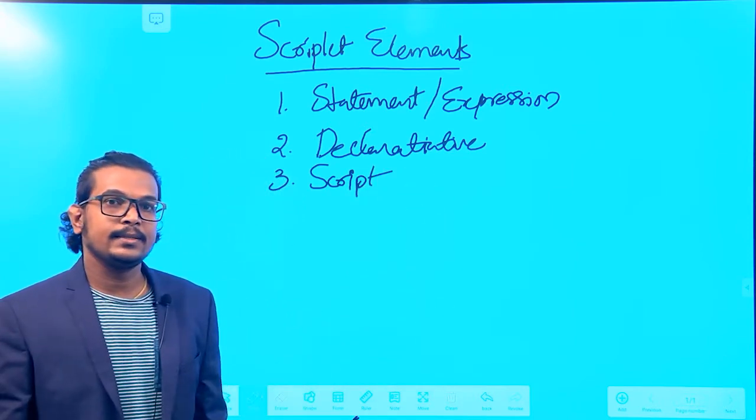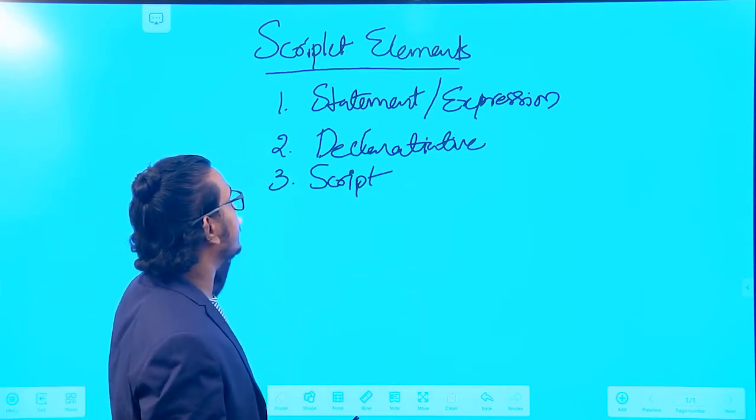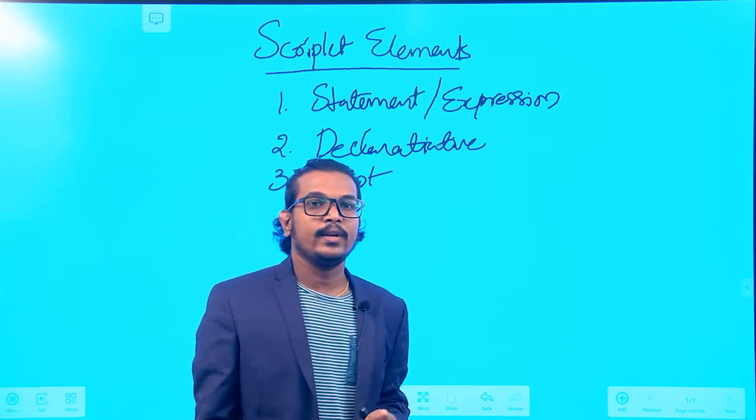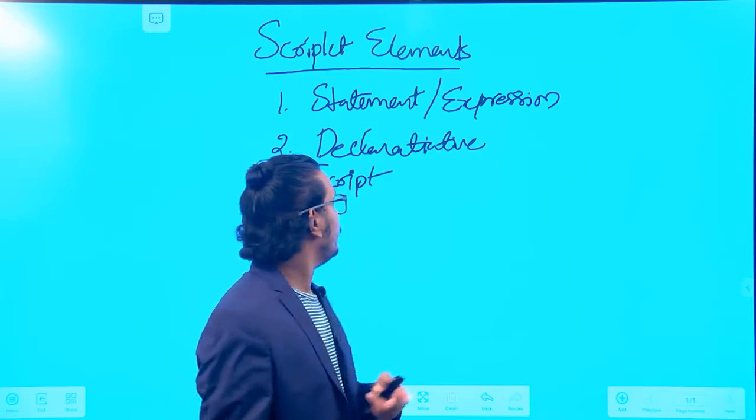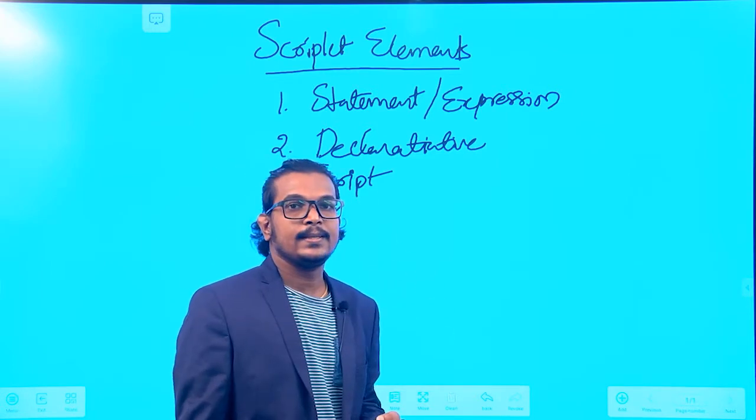So how many elements are there here? We have a total of three different types of elements. The first one is the expression element, the second one is the declarative element, and the third one is the script element.